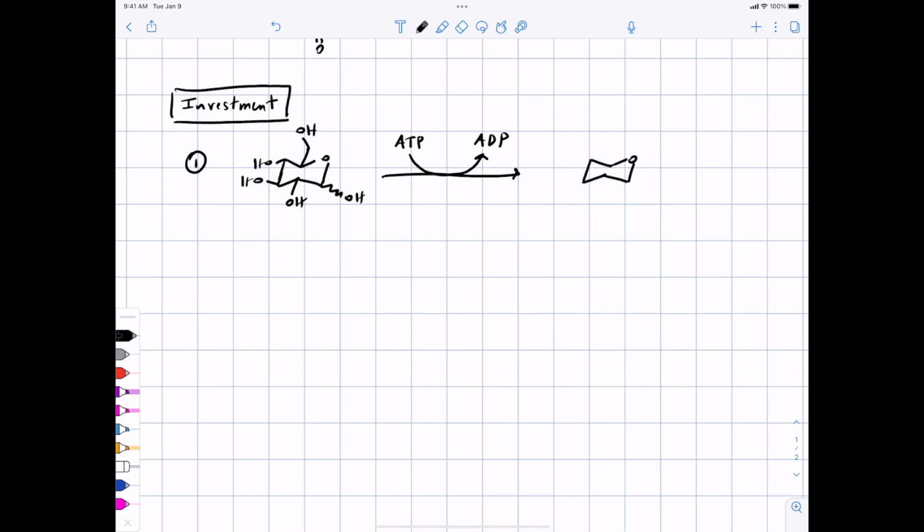And we're going to convert the phosphoanhydride, and I'm not going to draw the structure of ATP because we've done that recently, so you can go back and look at that. We're going to convert the phosphoanhydride of ATP into the phosphoester that's more stable.